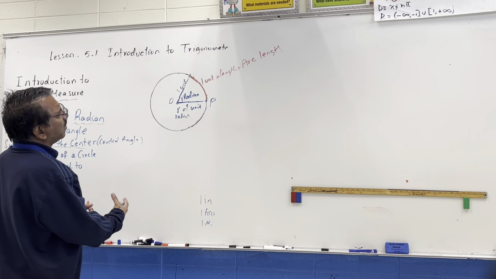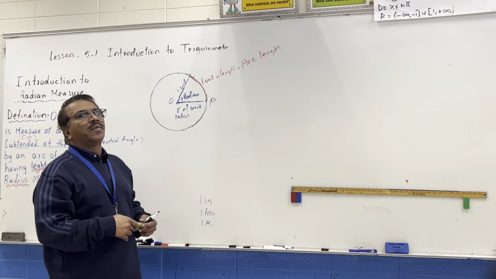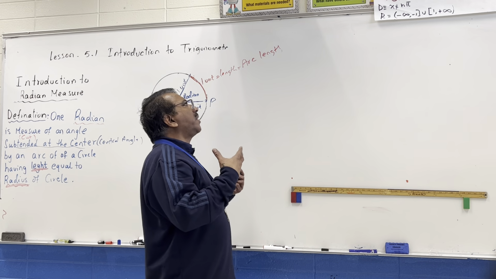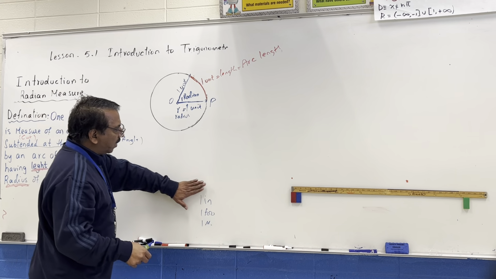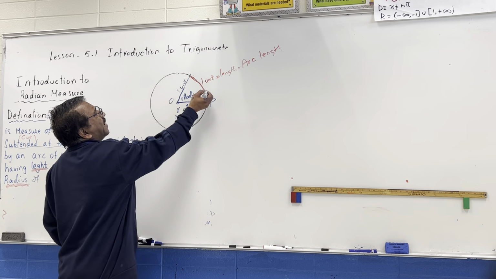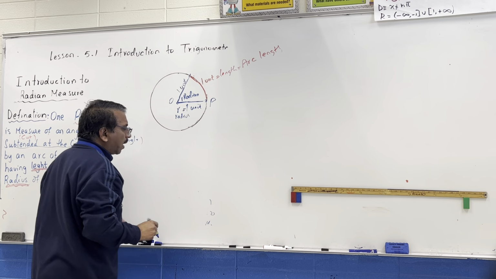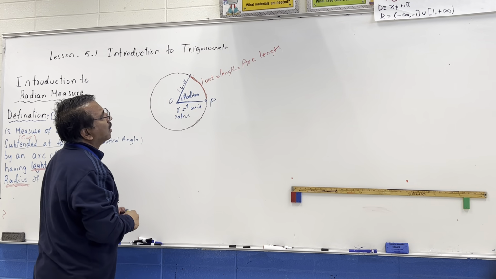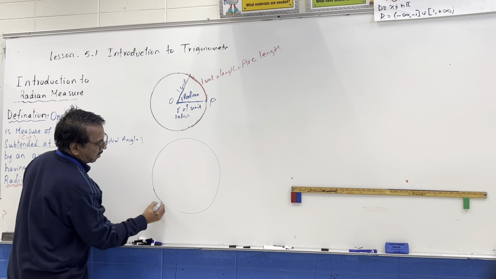Now, how do we use this definition to figure out what that 1 radian is in terms of degree measure? So what I'm going to do next is show it. I can draw another circle here, like this.